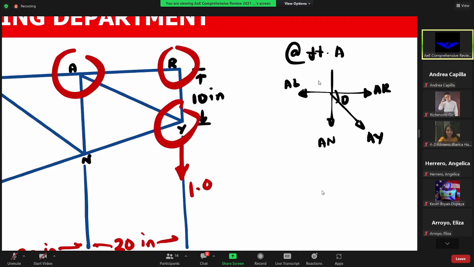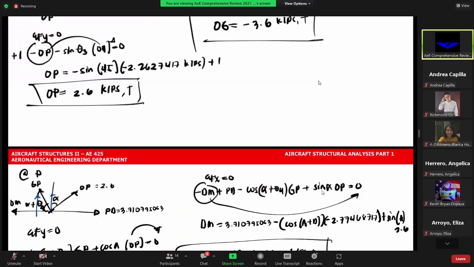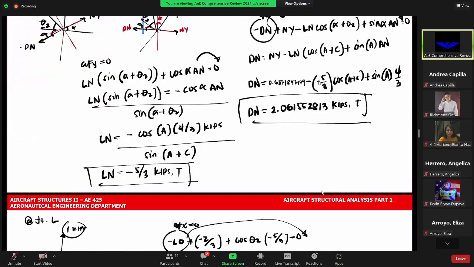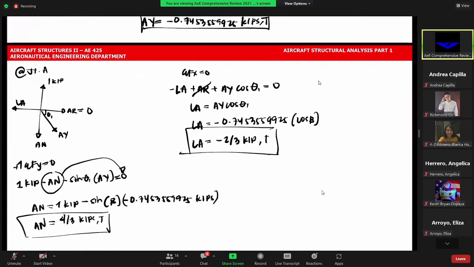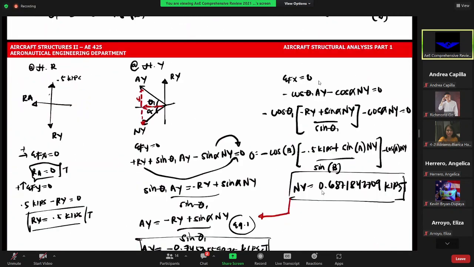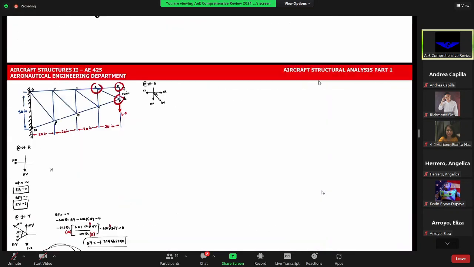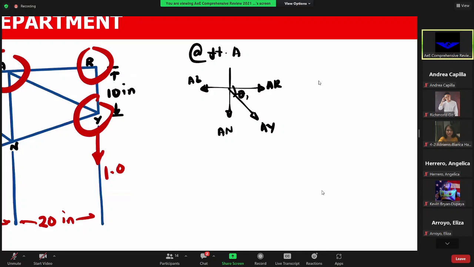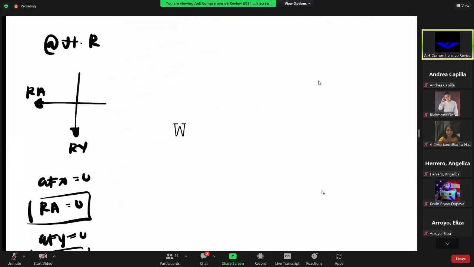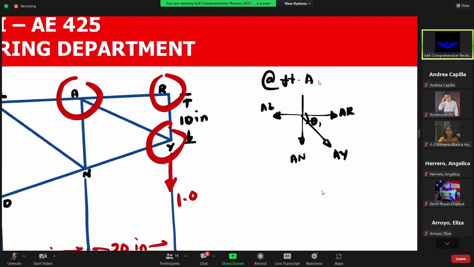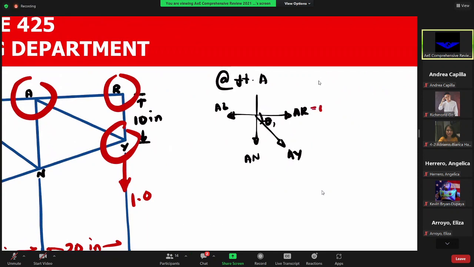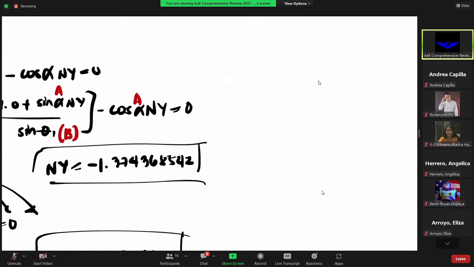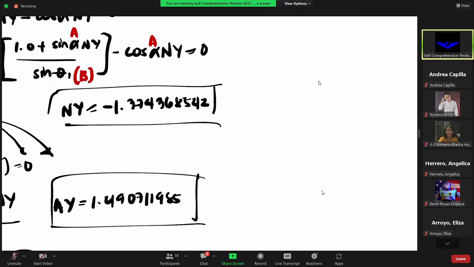And then this is your theta sub 1. Tama? So kung babalikan natin to guys, at A, no, meron tayong theta sub 1. Okay? So, ayan. Meron ba tayong AR? Ang AR natin is 0. So, this is equal to 0.